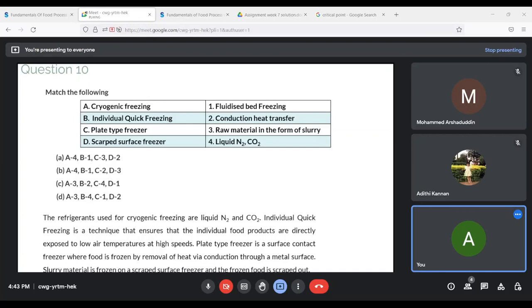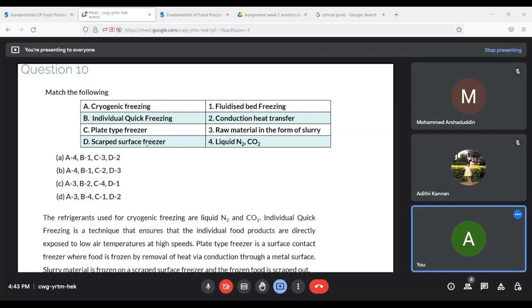So that will cool down the ice cream, and then you will have something called an agitator as well that will have scraper blades as well. So what will happen is, as your ice cream or your food product starts to freeze, it will stick onto the wall, so you will scrape it out and then remove the crystals or the frozen product. So scraped surface freezers are generally used in case of ice creams where you need to scrape out the frozen food after it is frozen because of the refrigerant.